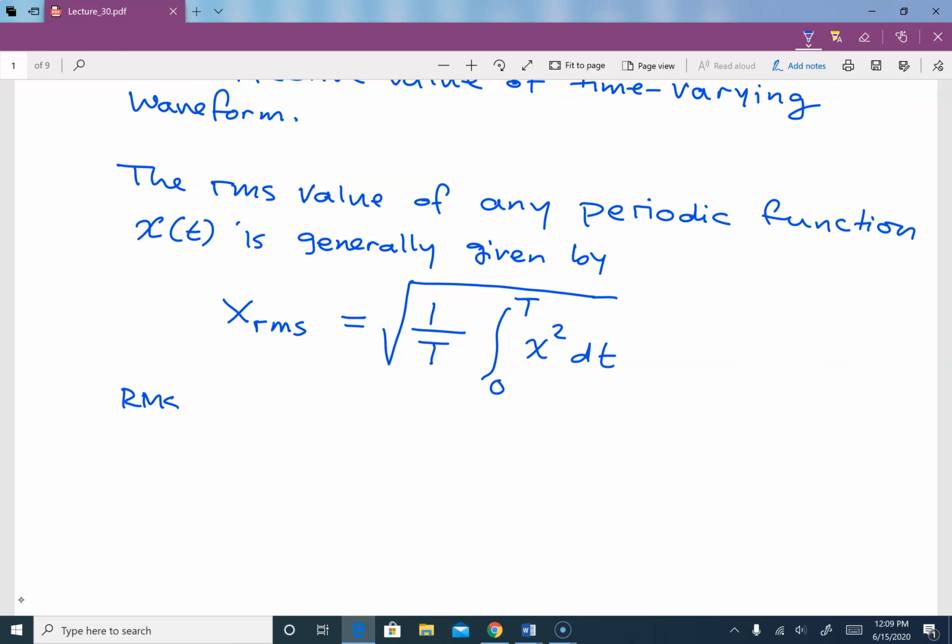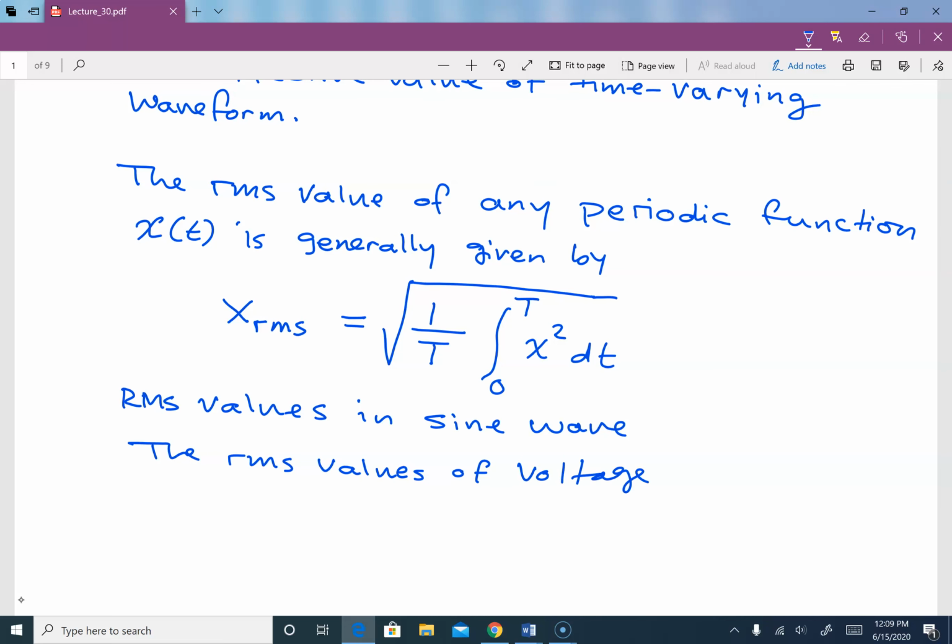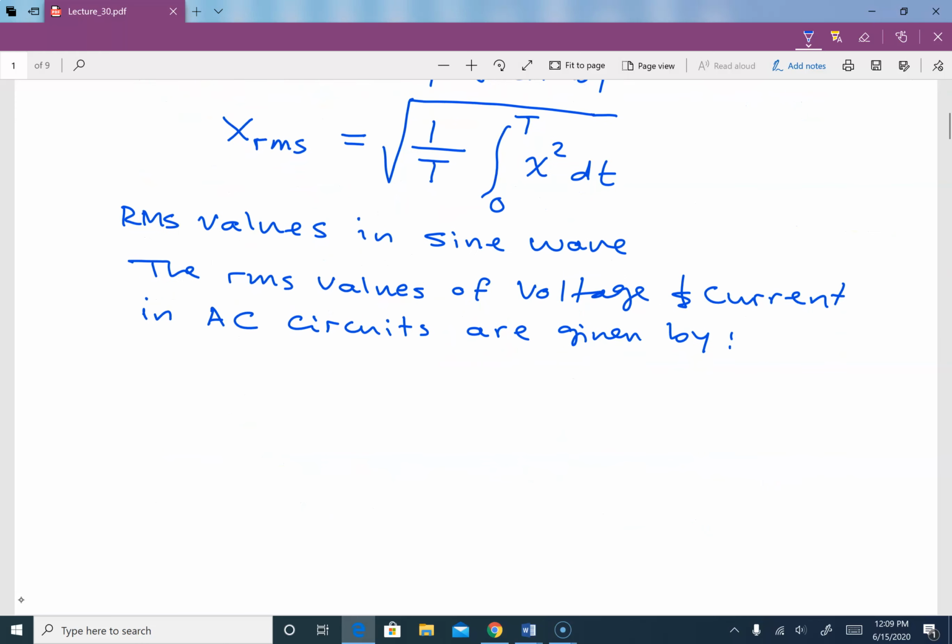So the RMS values in a sine wave. The RMS values of voltage and current in AC circuits are given by V RMS is equal to Vm divided by radical of 2, which means that our Vm is equal to radical of 2 times V RMS.